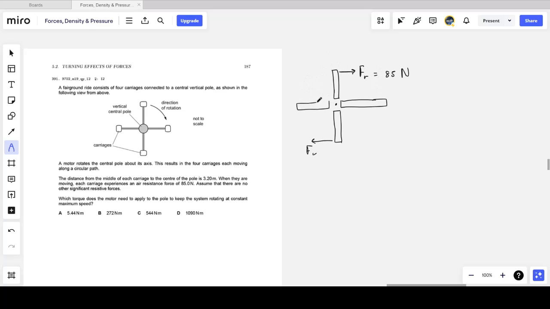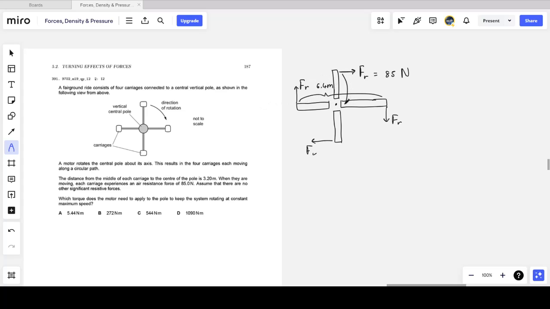The horizontal rods are also the same length, and the motor must provide a force to overcome the air resistance FR downward on the rod to the right and upward to the rod on the left, because the entire system is rotating clockwise. And the distance between the forces on either end of the arms is 6.4 meters.